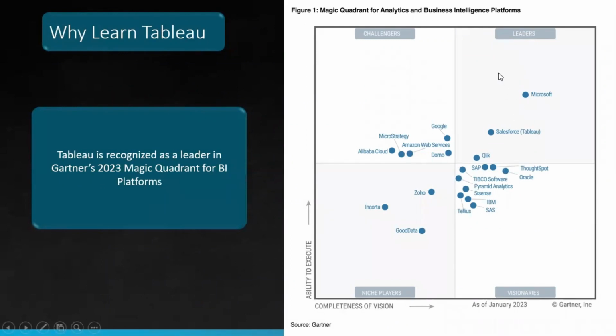In the top right quadrant, you see that Tableau is one of the three leaders for analytics and business intelligence platforms. Tableau has been a leader for many years now. Over the years, Tableau has maintained its position as a leader for BI platforms. So this is one reason why you should also learn Tableau. It's one of the leading BI platforms.